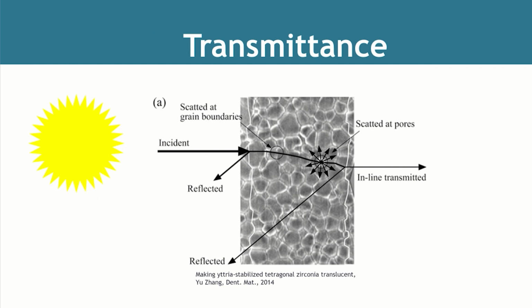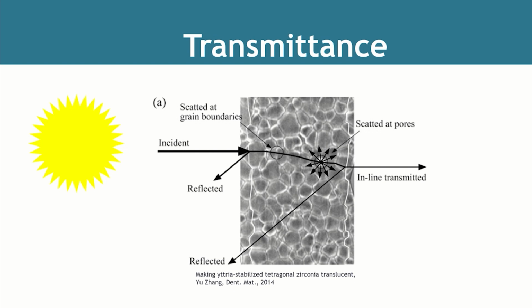Of course, we have the phase composition, where the cubic phase is a so-called non-birefringent crystal phase, reducing the amount of scattering, whereas in the tetragonal phases we have some birefringence, which can increase the amount of scattering somewhat. In addition to this, of course, light will reflect off the surface of the sample.